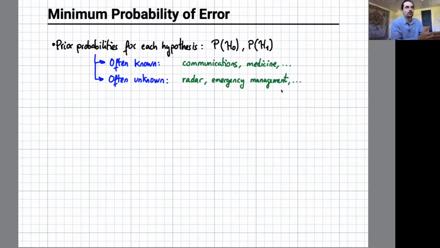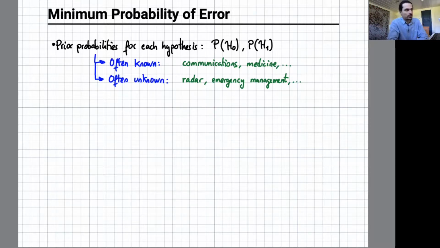So if it is running a hypothesis test every millisecond, right? What is the probability that in one of those time slots there is a fire, right? So looking at prior probabilities is only motivated in certain cases.